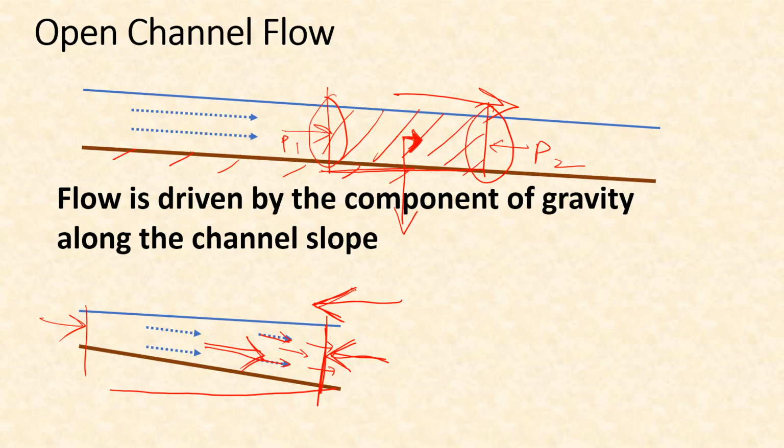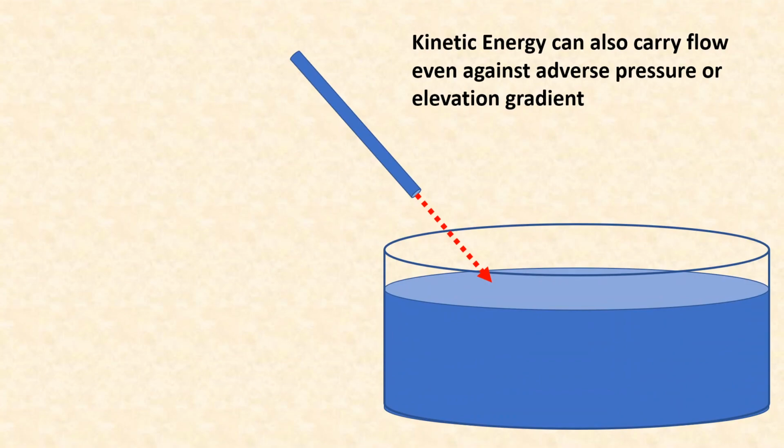Now let's take another example. So this is, suppose, a jet of water that we are targeting at a bucket or a pool. What happens is that as soon as this jet of water strikes the surface of water in the pool or bucket, then from this point up to this point, if you measure the head, the pressure head will increase in the downward direction, but the datum head decreases.